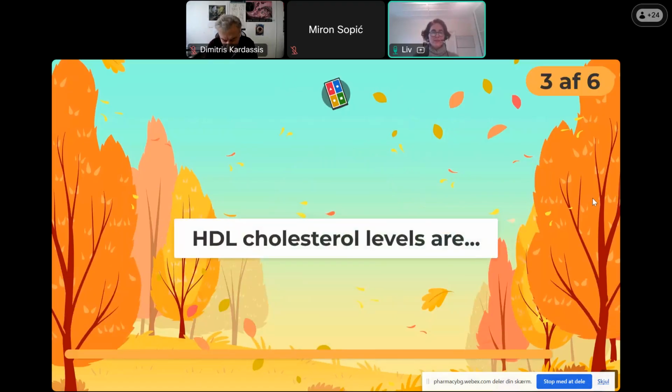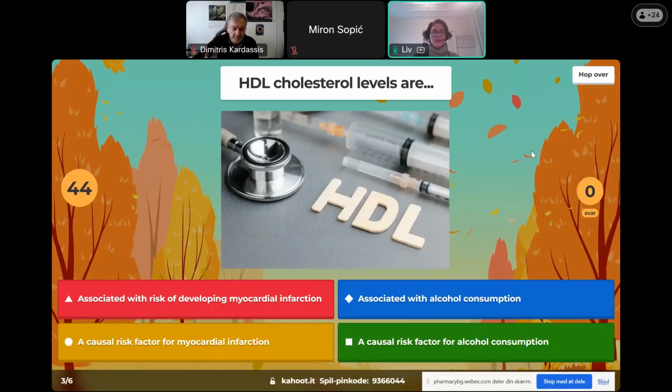HDL cholesterol levels are: A, associated with risk of developing myocardial infarction; associated with alcohol consumption; a causal risk factor for myocardial infarction; or a causal risk factor for alcohol consumption.